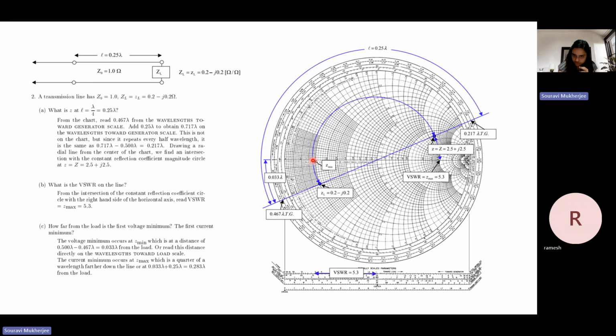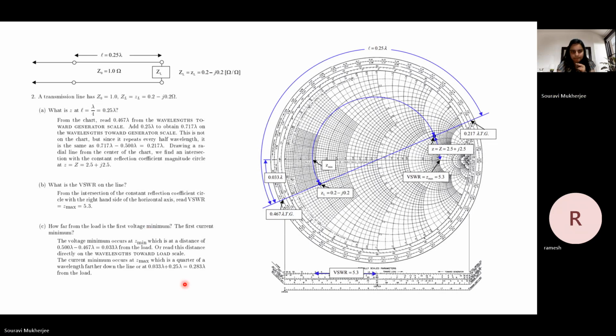So that is this point, right? Now, how far? The question is how far. So what you have to do? From this point, if you extend and look at the length on the wavelengths towards generator scale, this is 0 here, right? Okay. So basically, your initial load location, and this is the location of your minimum Z. So this distance between the two will give you the distance that is required to have the first voltage minimum.